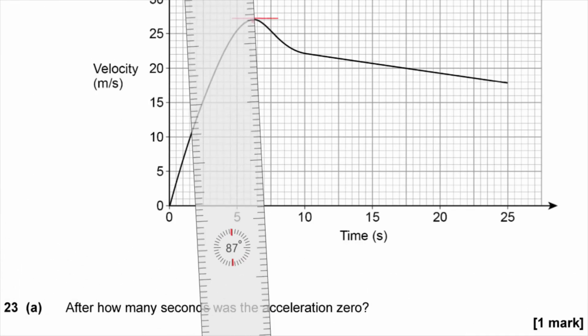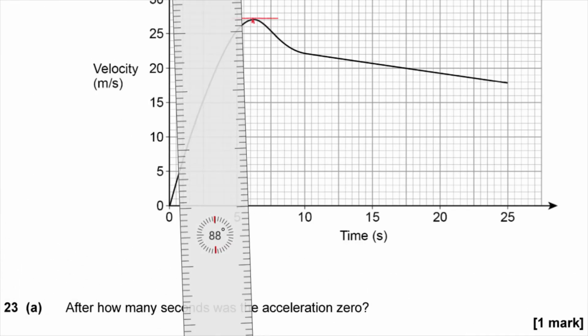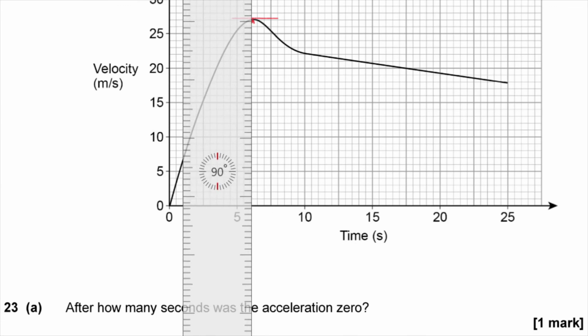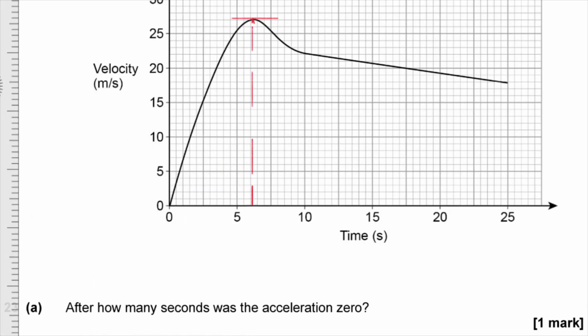So reading down to the axes below, it's there, isn't it?